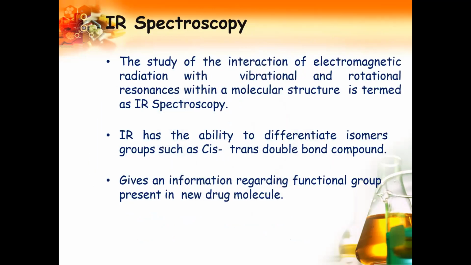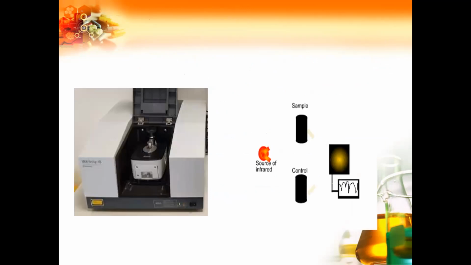The second analytical technique is IR spectroscopy. The study of the interaction of electromagnetic radiation with the vibrational and rotational resonance within a molecular structure is termed IR spectroscopy. IR has the ability to differentiate isomeric groups such as cis and trans double bond compounds, and it gives information regarding the functional groups present in the new drug molecule or the API.